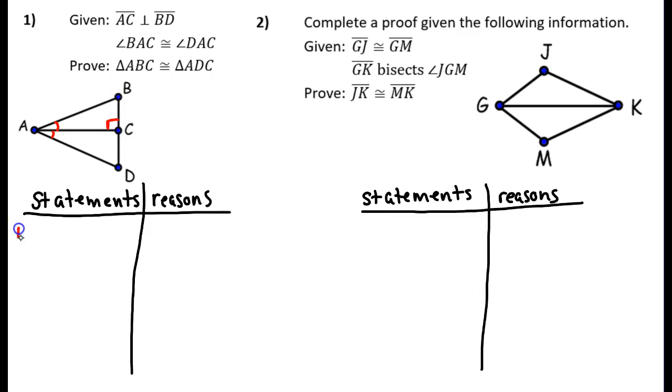So first thing I want to do is write down my givens. So AC is perpendicular to BD, and angle BAC is congruent to angle DAC. Reason being is it was given. Okay. Next thing that I'm going to talk about is I want to talk about specifically that angle ACB is a right angle.